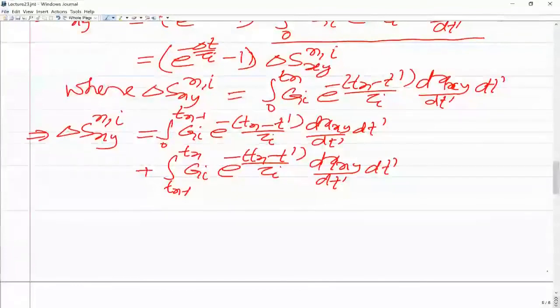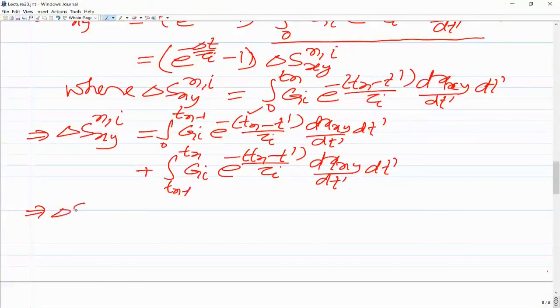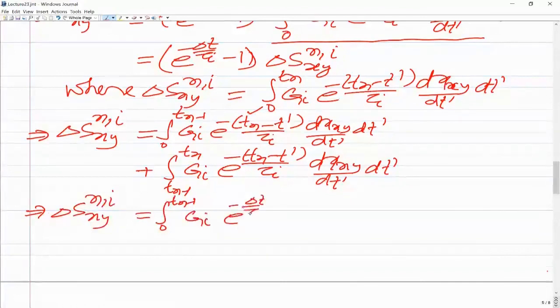Now what we can do again, as far as this term is concerned, is write tn as tn minus 1 plus delta t. So now you can see that we can write this term as delta sxy n comma i is equal to the integral from 0 to tn minus 1 of gi e to the power minus delta t upon tau i, which will come out when we write tn equal to tn minus 1 plus delta t.